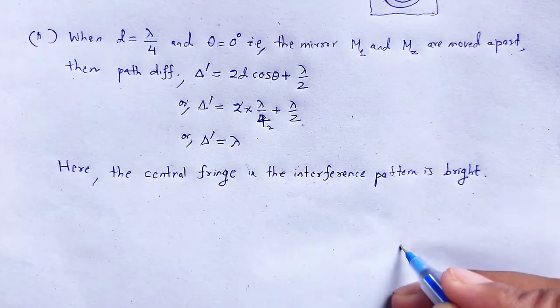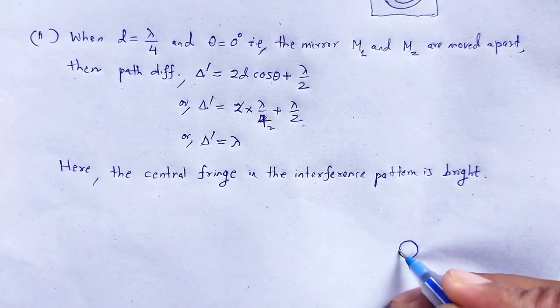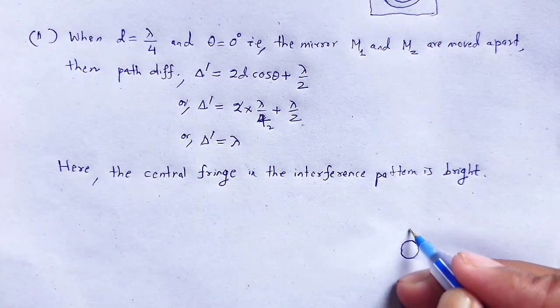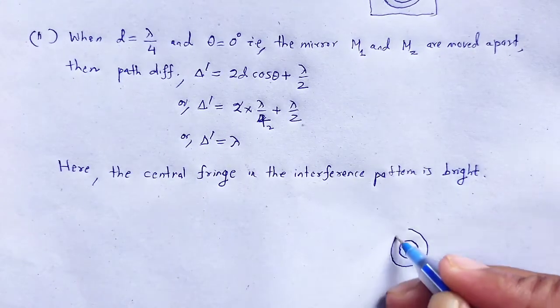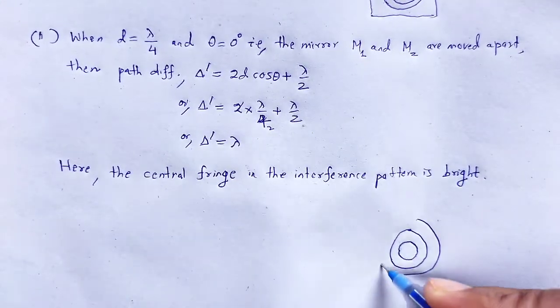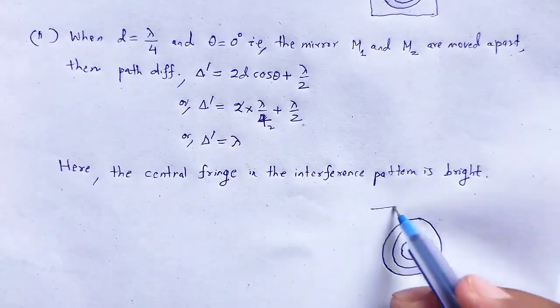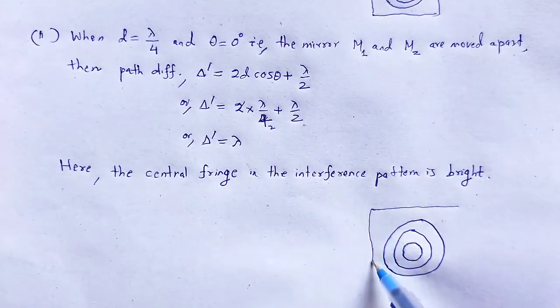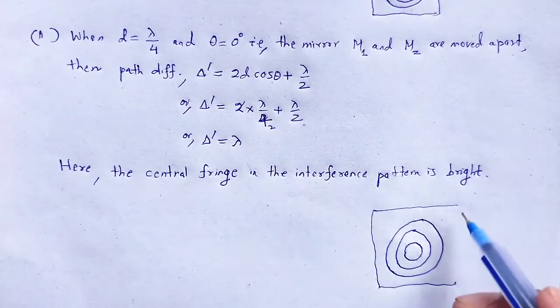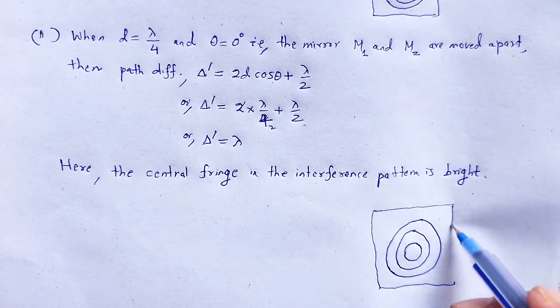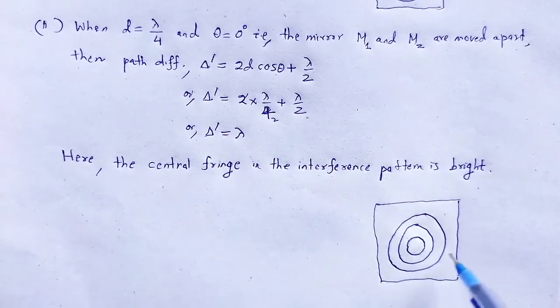The central one is bright, next dark, and in this way we see the interference pattern.